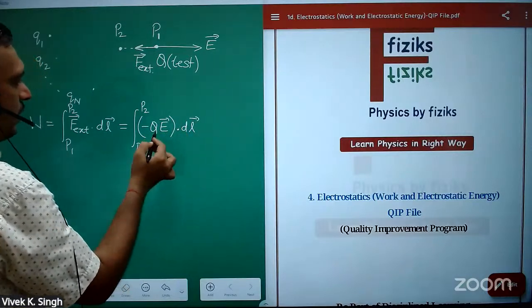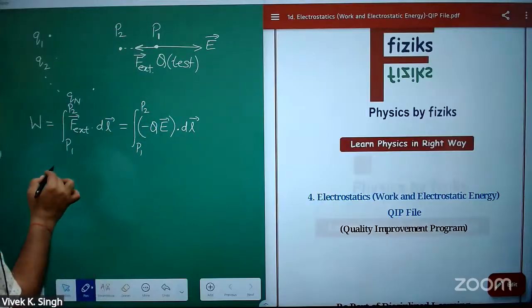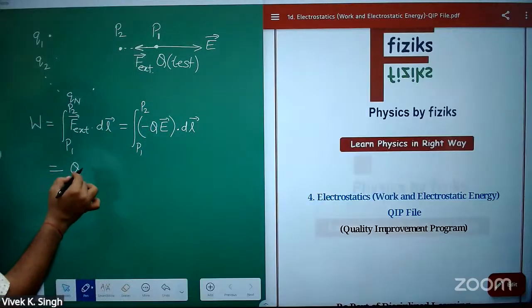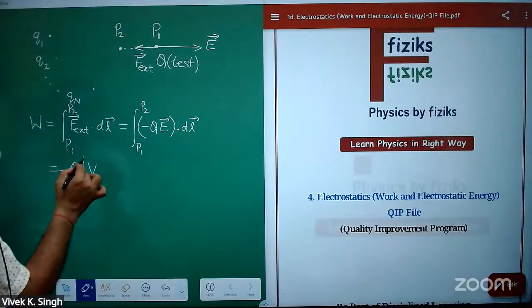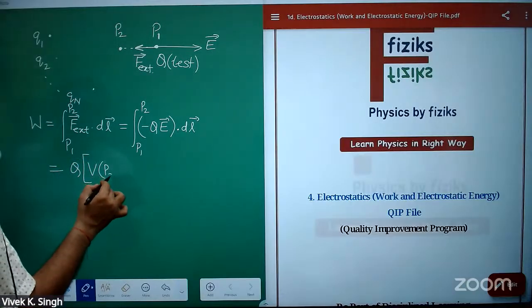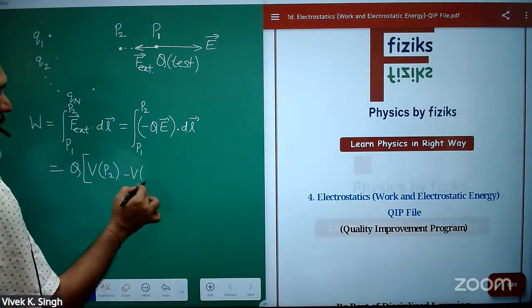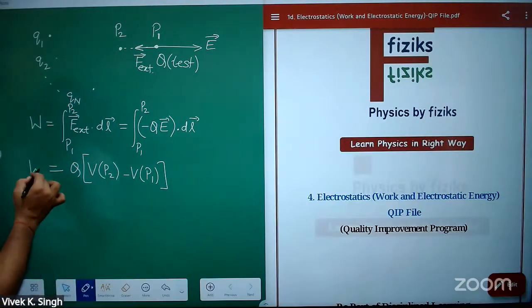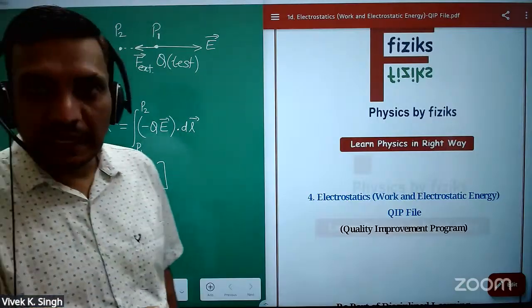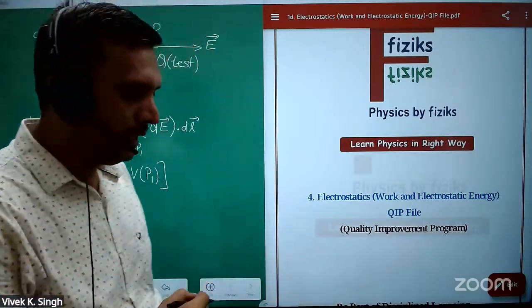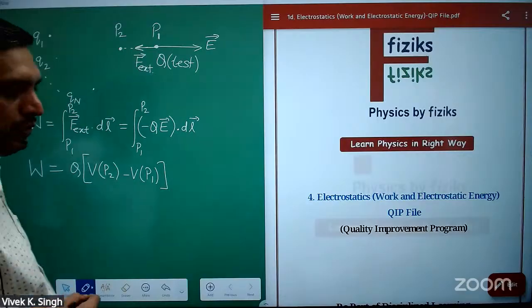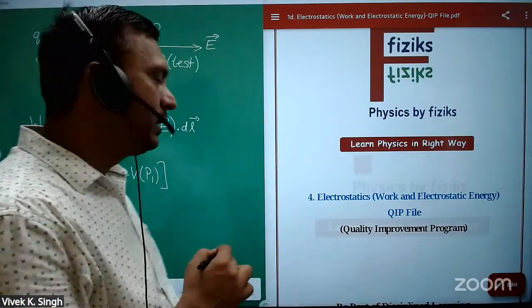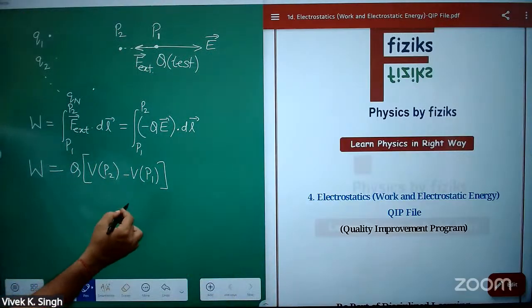And you know, by definition, minus the integral of E dot dl from P1 to P2 is the potential difference between the two points. This simply depends on the potential at P2 minus the potential at P1. So work done is independent of path, and we say that the electrostatic field is conservative in nature. Work done is independent of path.